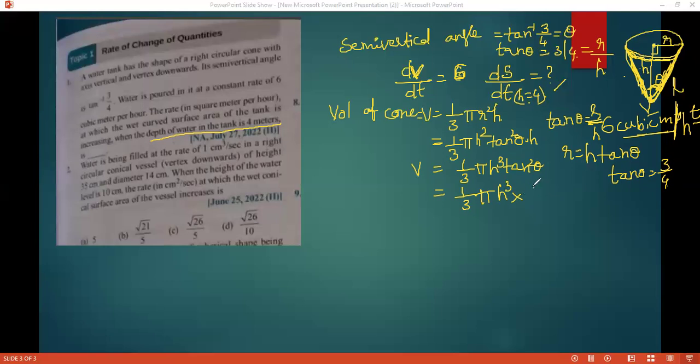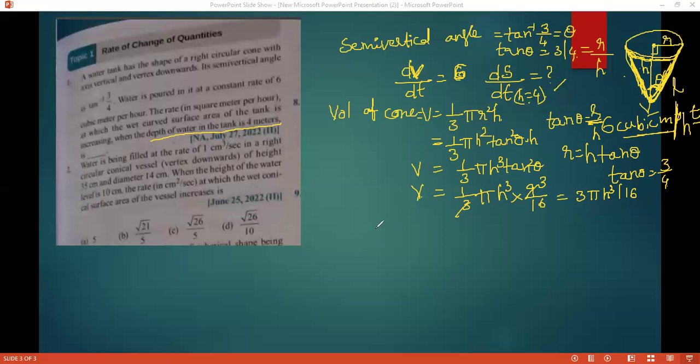Then 3 one time, 3 times. So what do we get? 3 pi h cube upon 16. Very good, so this is the volume.